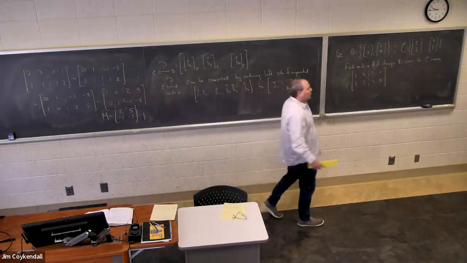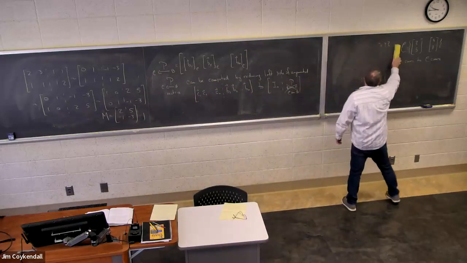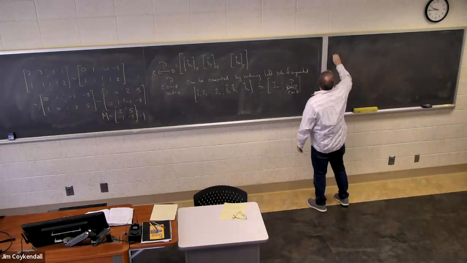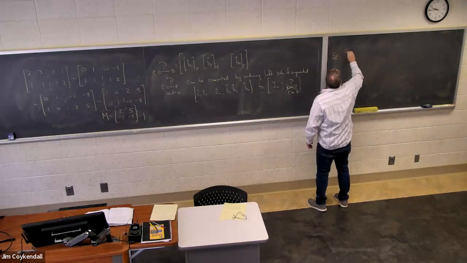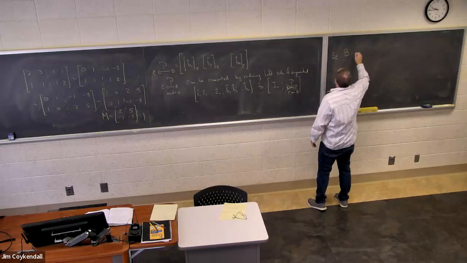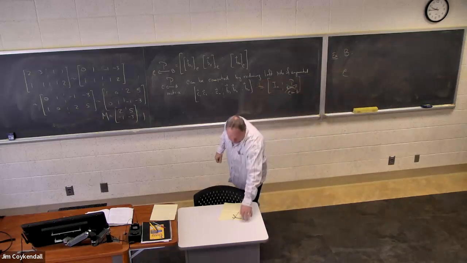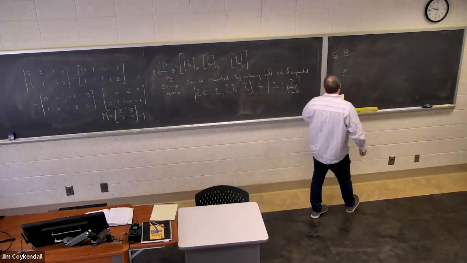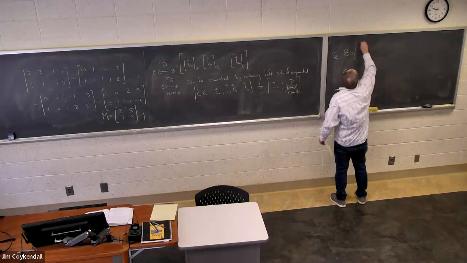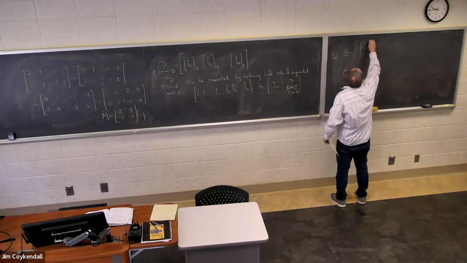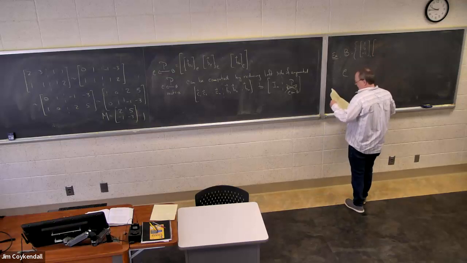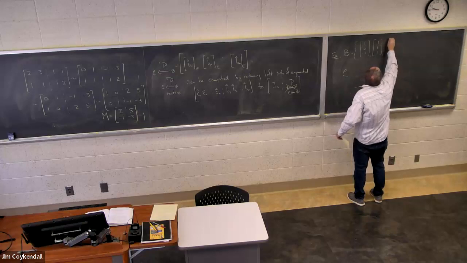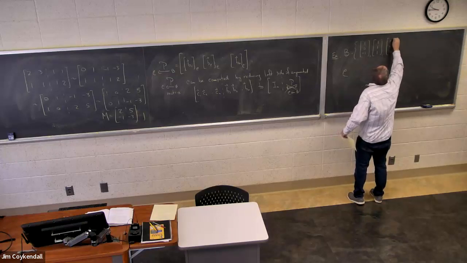Let's do one with a little bit more meat on it. Example. Let's let B be 1, 0, -1; 1, 1, 1; 1, 1, 0.